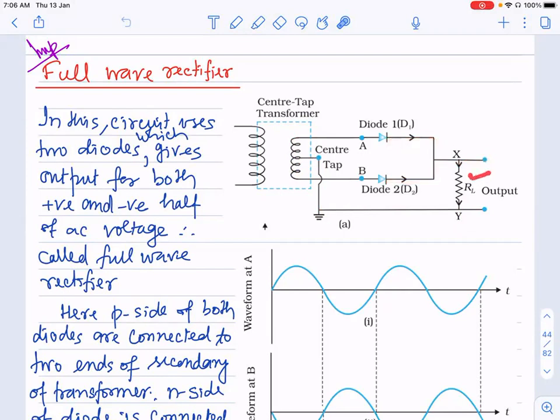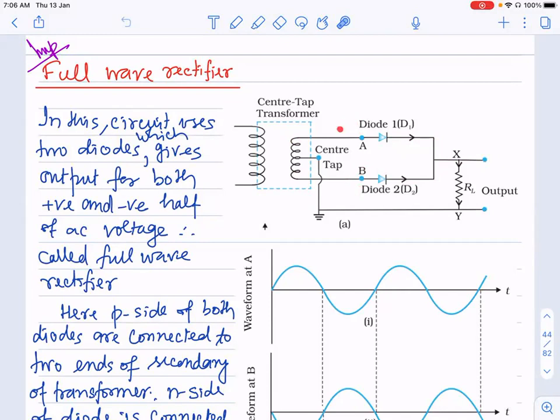Okay. So what is different here? Two diodes and center tap transformer. Okay. So now what happens? These two ends, A and B, will be having the supply out of phase by 180 degree. When positive half is here, the negative half will be here.